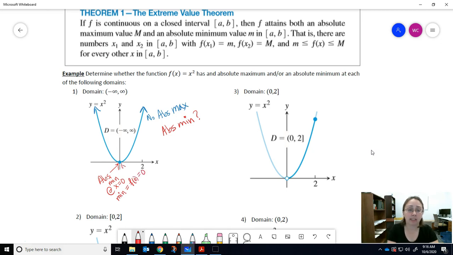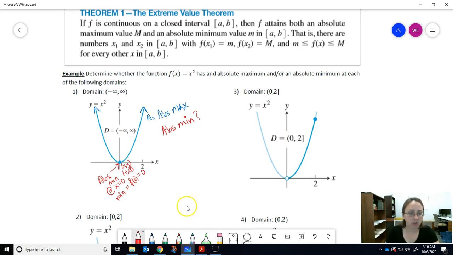So this is a point x comma y, and that point is 0, 0. So the x value is where our min is, and the y value is the minimum value it actually achieves. So just because you're not on a closed interval doesn't mean you can't talk about an absolute max and absolute min, but the extreme value theorem wouldn't apply in that case to be able to help us say for sure that there's a max and a min.